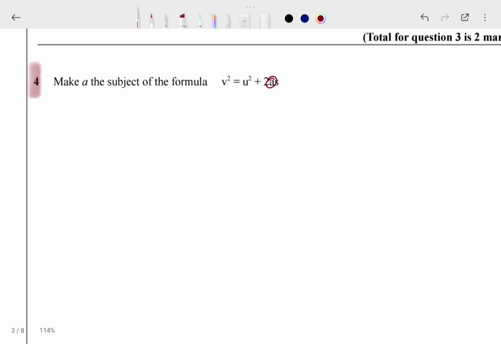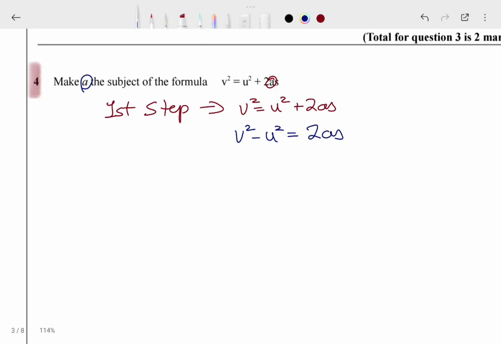The first step is to write the equation: v square is equal to u square plus 2as. Simply, we will bring this positive u square to this side, so this will become v square minus u square is equal to 2as.